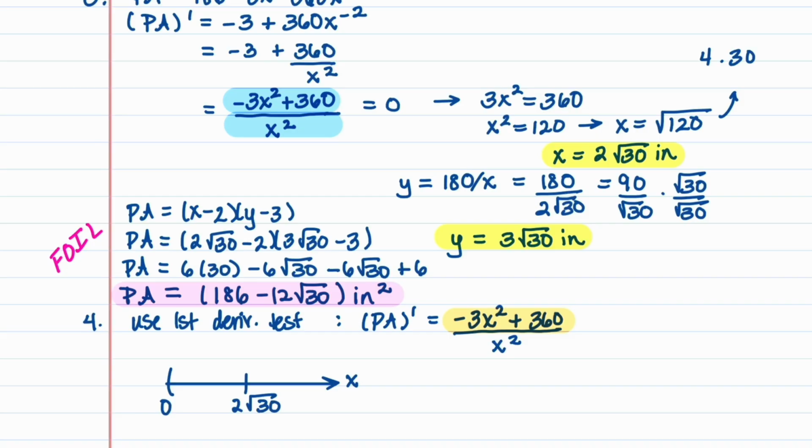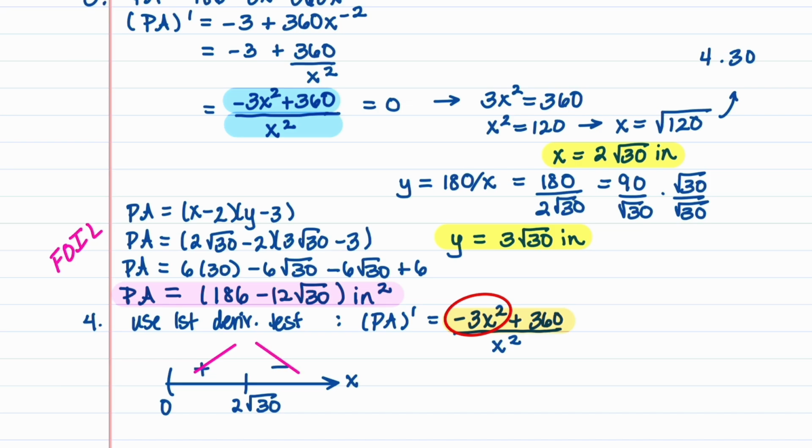To the right of our critical value, as x gets really, really large, we just have to look at the leading term. That is negative. So we know that this is going to be negative. And then if we pick a point to the left of 2 root 30, say 1, we get that our derivative is positive. This tells us that our function, which is our printed area, is increasing and then decreasing.